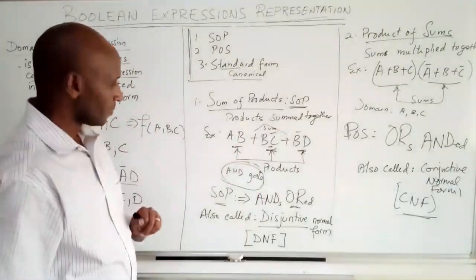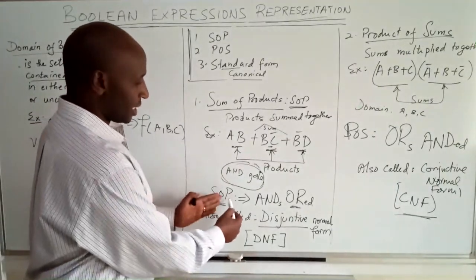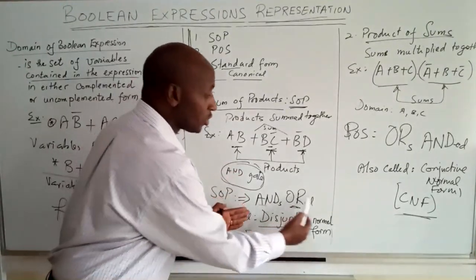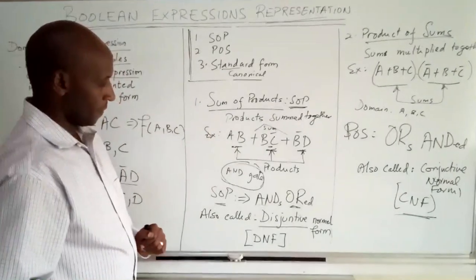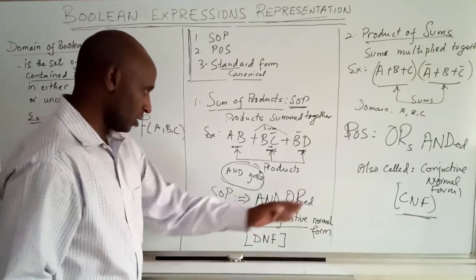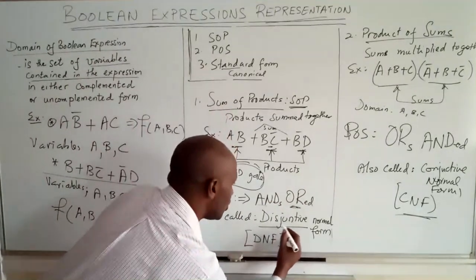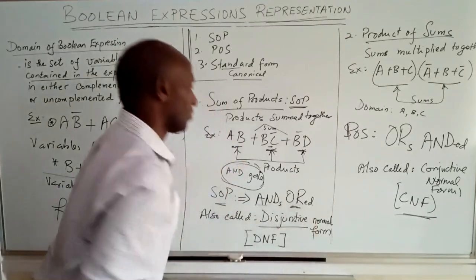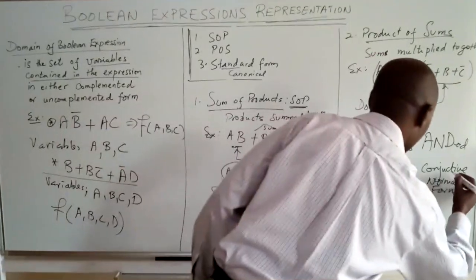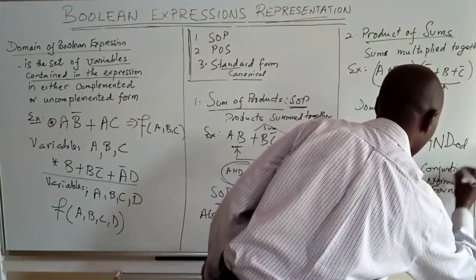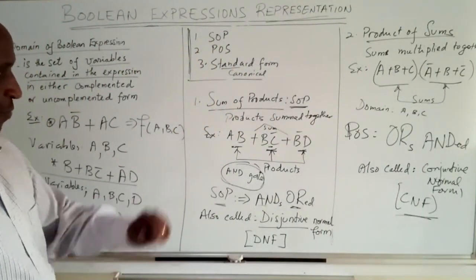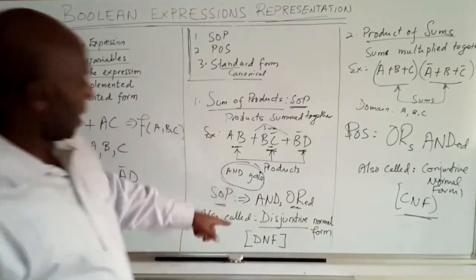One product, an AND gate. That's why we say the sum of products is equivalent to many ANDs ORed together. In other words, we can name it DNF, the disjunctive normal form, or it is the same as SOP.